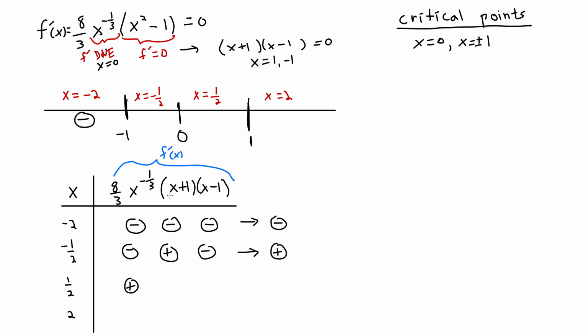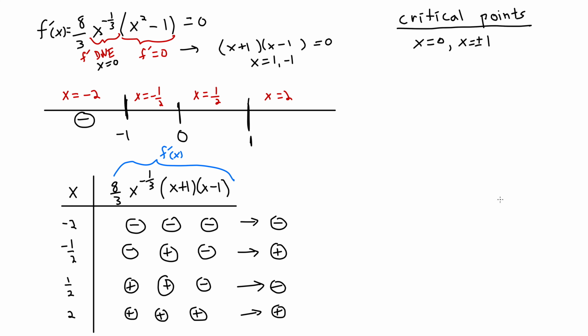So that's what's going on there. Okay, so 1/2 plus 1 is positive. But 1/2 minus 1 is still negative. So we have positive times negative, which is negative in this case. And finally, plugging in 2, positive, positive, positive. Positive times positive is indeed positive.